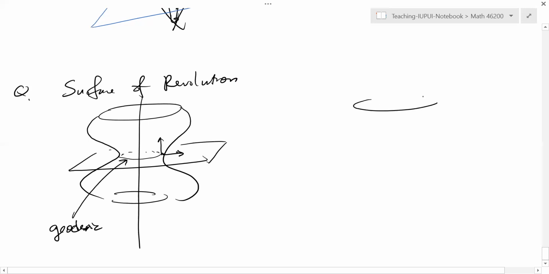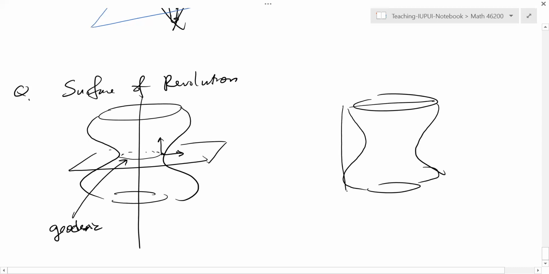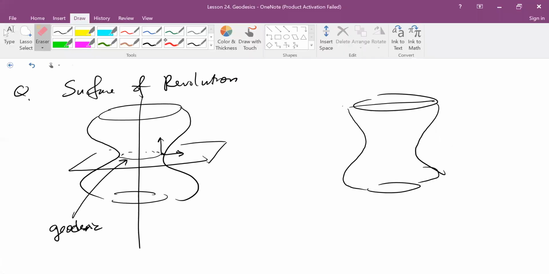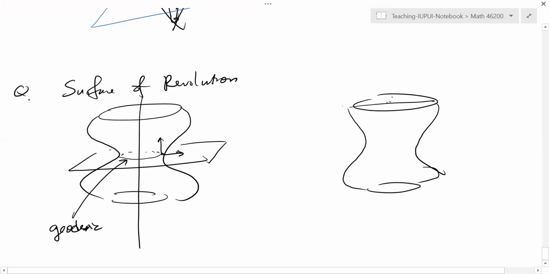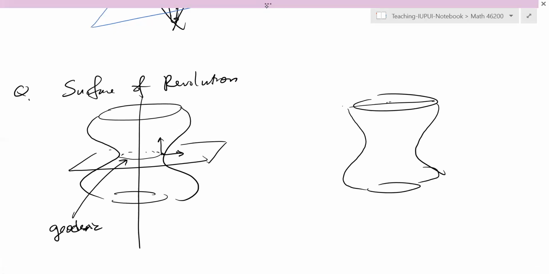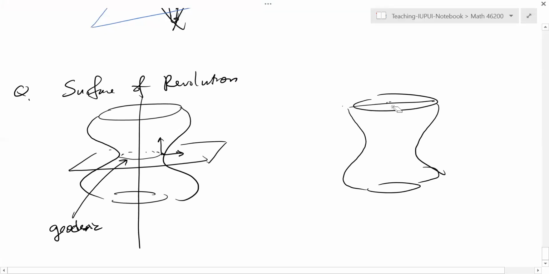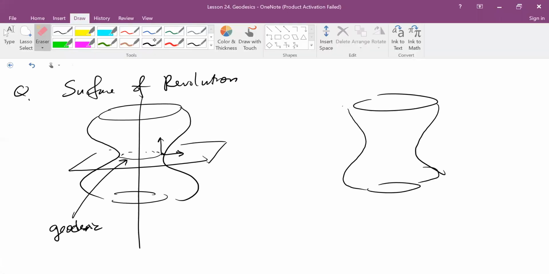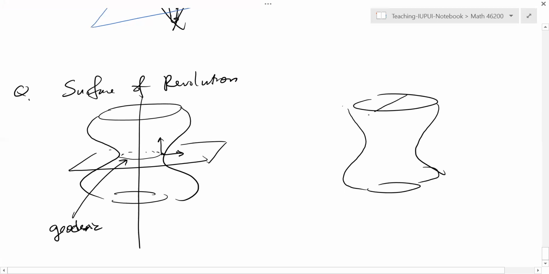How about, let's try the other cut. Okay. How to cut? Let's cut this one. I'm going to cut it in the middle. Okay, let me draw the picture. What I'm going to do, I'm going to cut this.